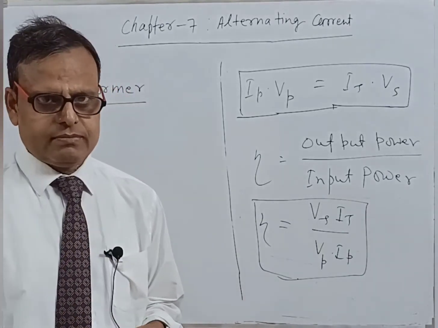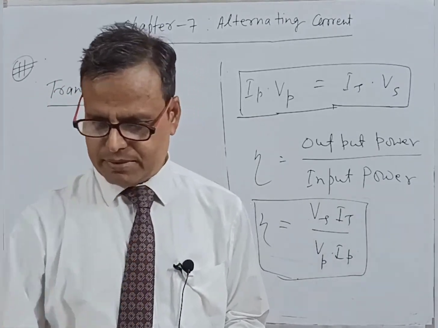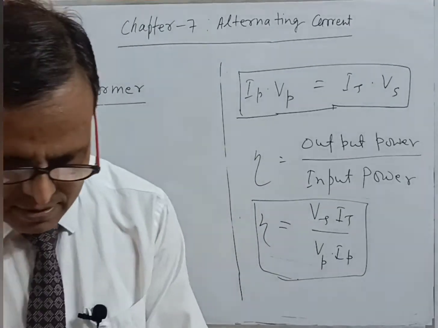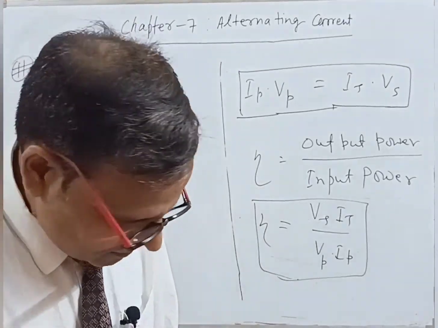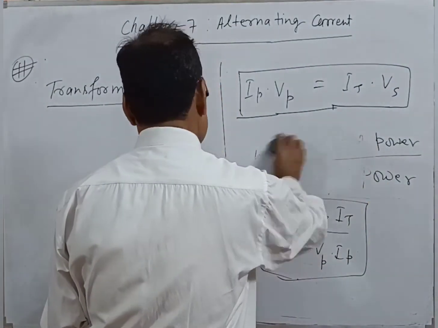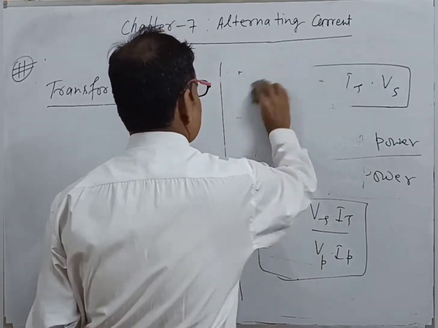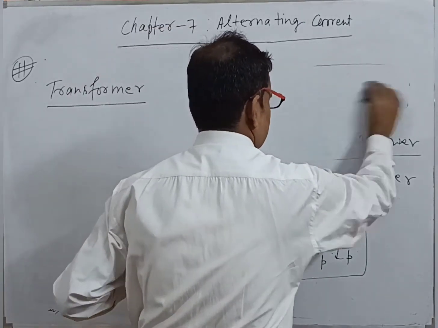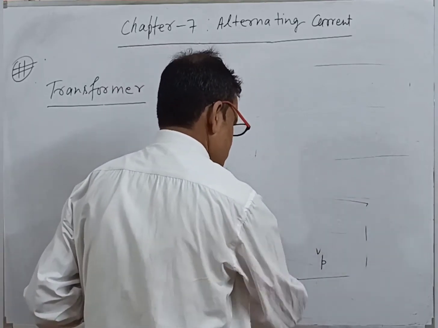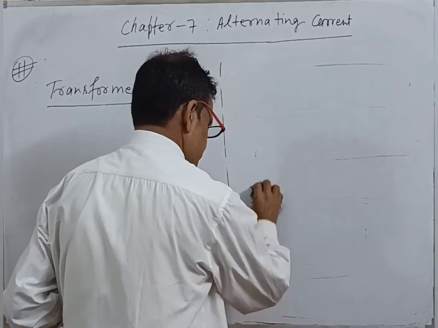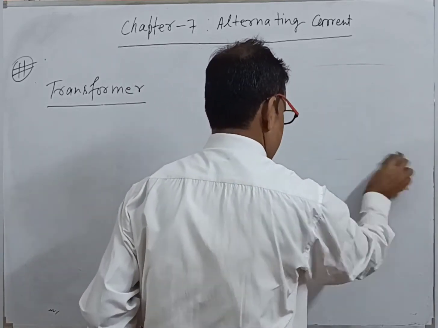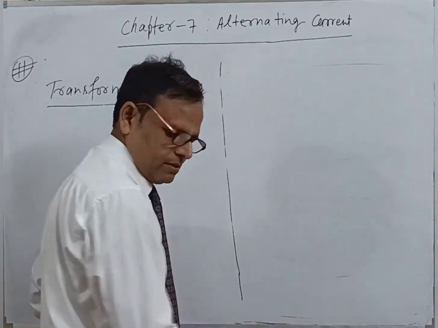Now one numerical question I have taken from NCERT book, question 7.23. I am just reading the question. This is question 7.23 from NCERT book based upon transformer, and that is very much simpler. I will read the question and I will solve it.